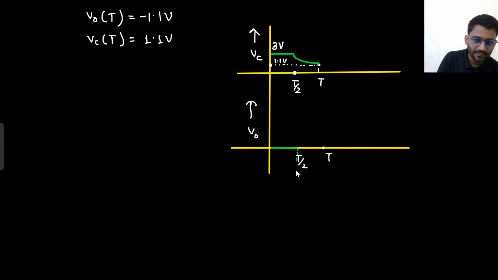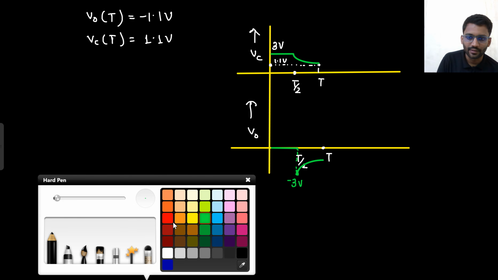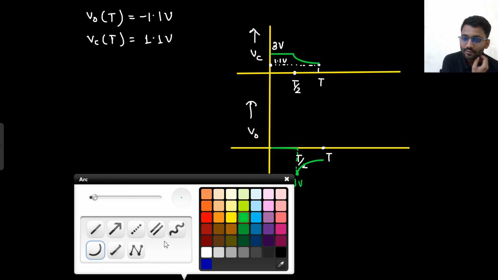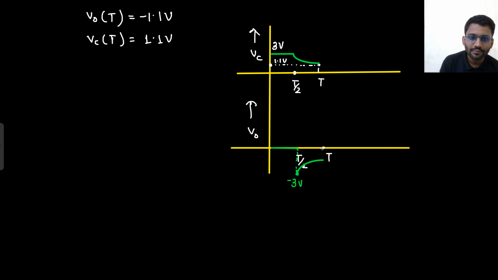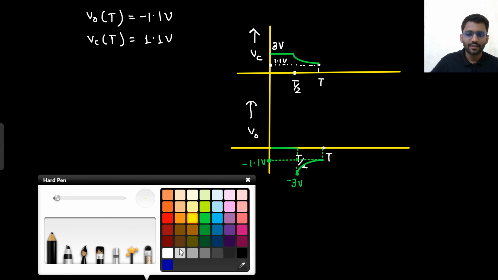Let's assume this is your minus 3, and it is trying to decrease, but it decreases to minus 1.1 only, right? Now what is happening?